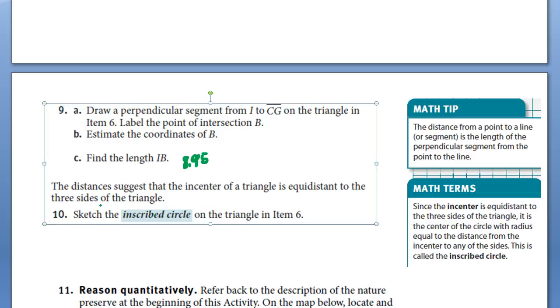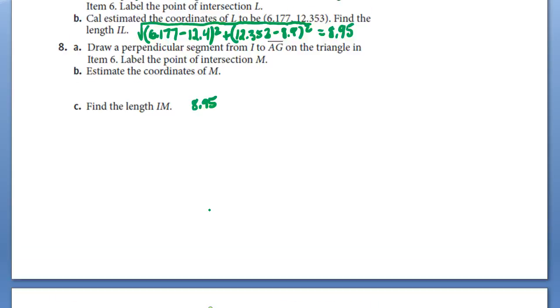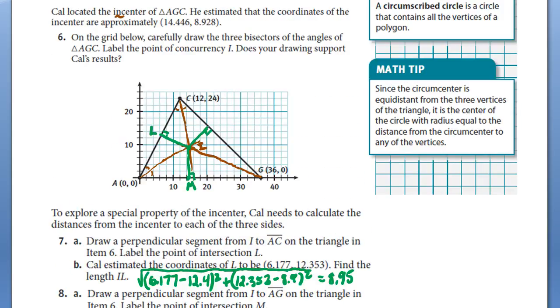Number 10, sketch the inscribed circle on the triangle in item 6. So previously we had drawn a circumscribed circle, a circle that went around the triangle. This time we want to draw an inscribed circle, a circle that's inside the triangle and touches it at all three sides. To help us do that, we use I as the center of the circle, and then we would set a compass so that the radius of that compass is this length here, the one you see in green.